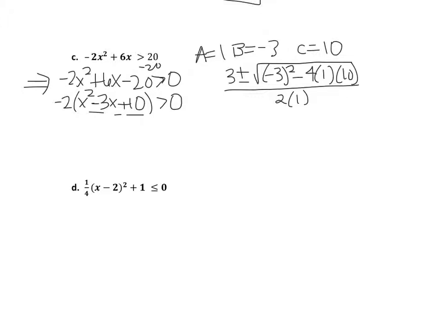Now, when you do -3 squared minus 4 times 1 times 10, you get -31.